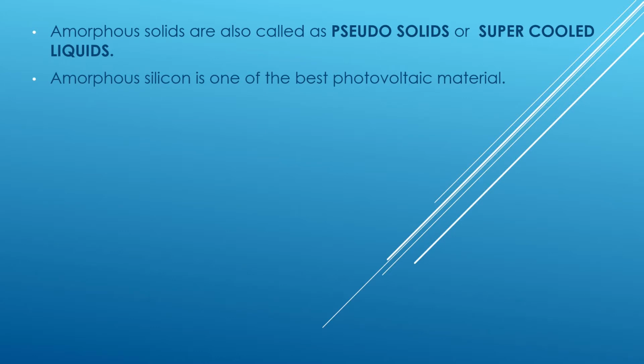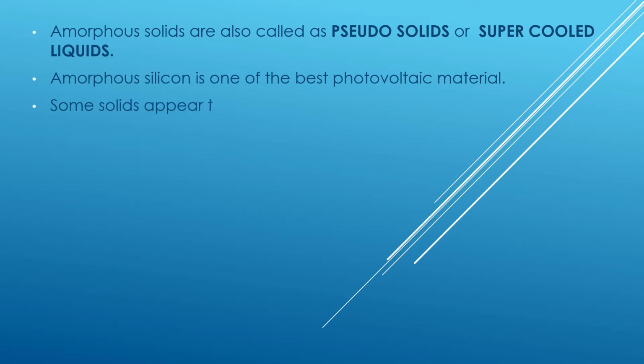So amorphous solids are pseudosolids, that is, they melt and flow; fluidity is available. That is why they are also called supercooled liquids, because they have no definite value of enthalpy of fusion. Some solids also apparently appear amorphous but have a microcrystalline structure. These are also called polycrystalline solids.